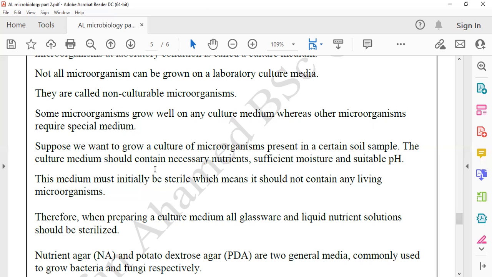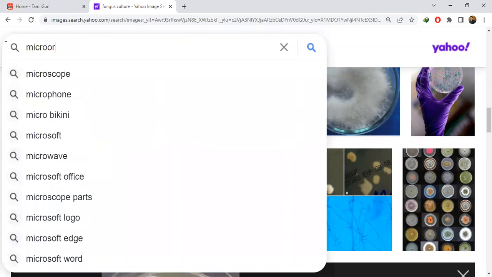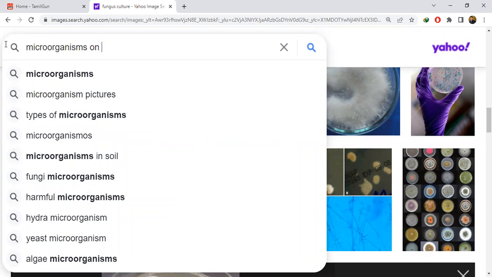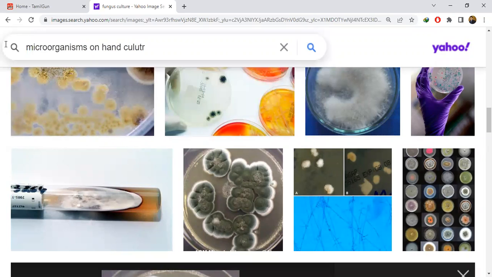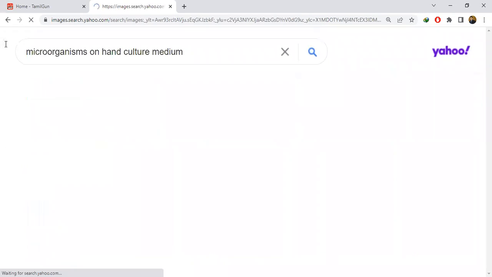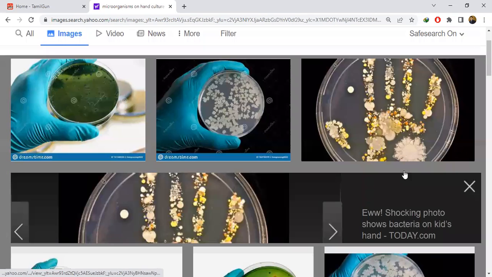If you want to find the microorganisms on your hand, I have seen a picture. Now see this one.